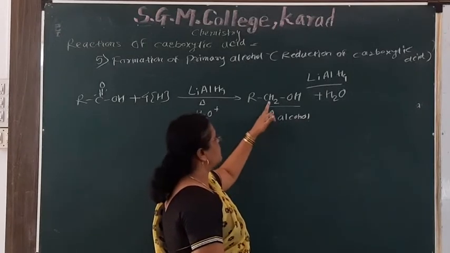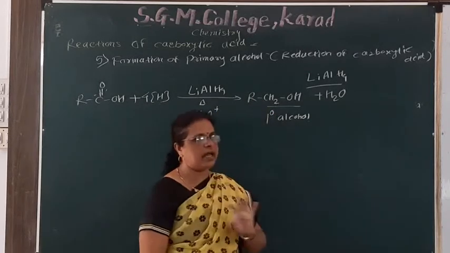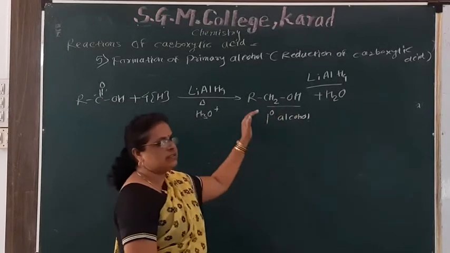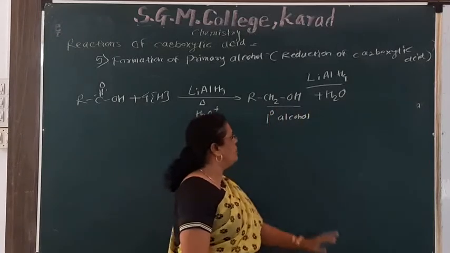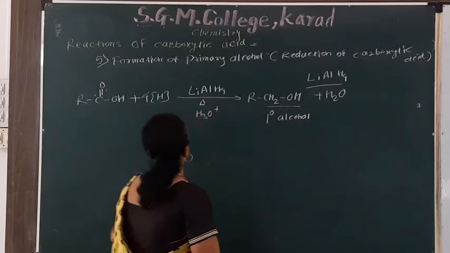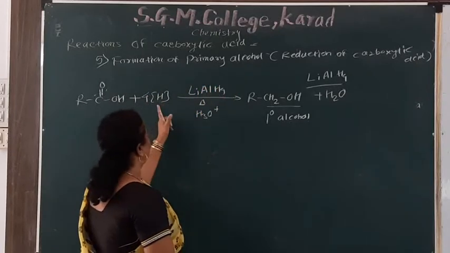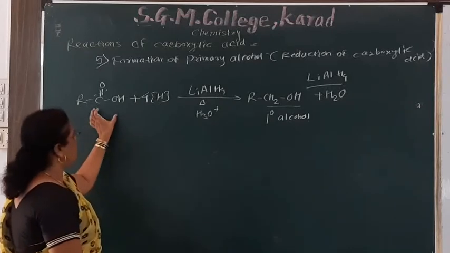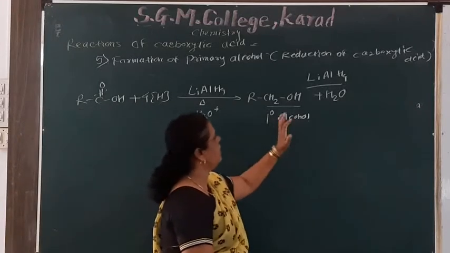This carbon atom is attached to only one other carbon atom, therefore it is called a primary carbon atom. This contains the CH2OH group, so it is a primary alcohol. That is formation of primary alcohol, or reduction of carboxylic acid.